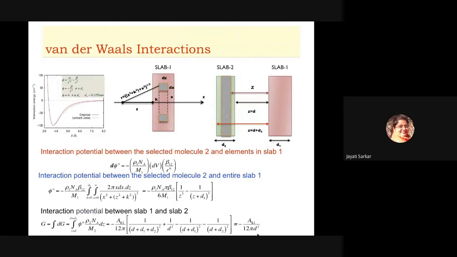If d is very high, then of course the interaction potential will be very small, and if it is greater than 100 nanometer, it will go to 0. So there is no force present if the thickness of the film is greater than 100 nanometer.